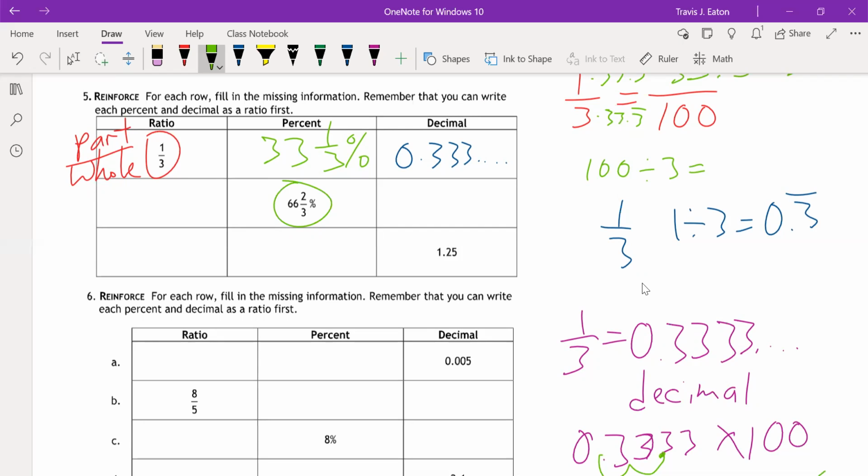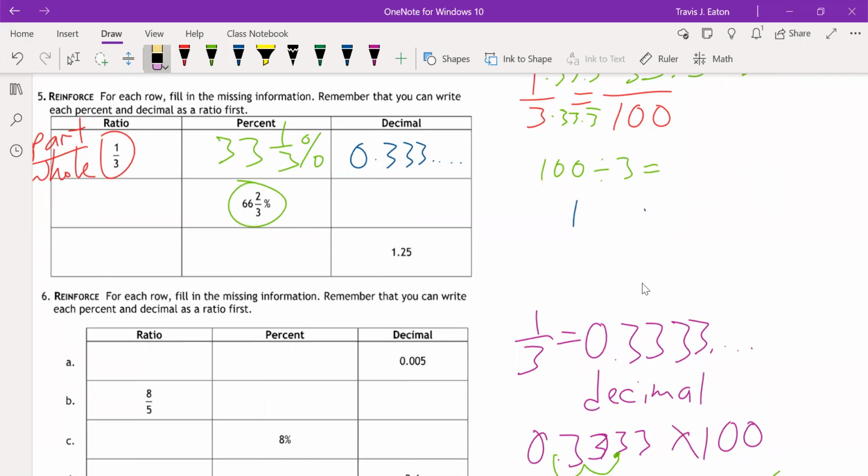So this would be 66 point something, something, something, right? So what is 2/3 as a decimal? I've run out of space, so you're going to have to be okay with me erasing stuff.